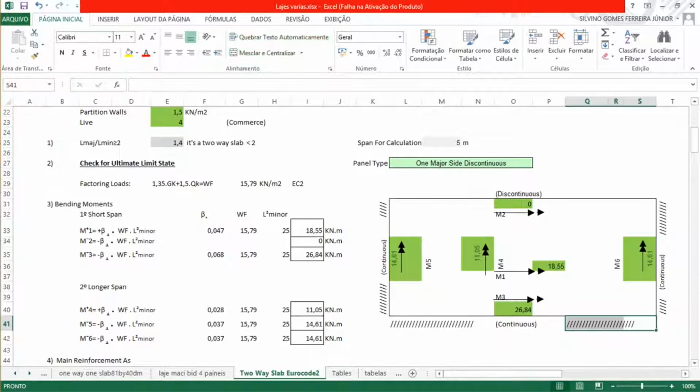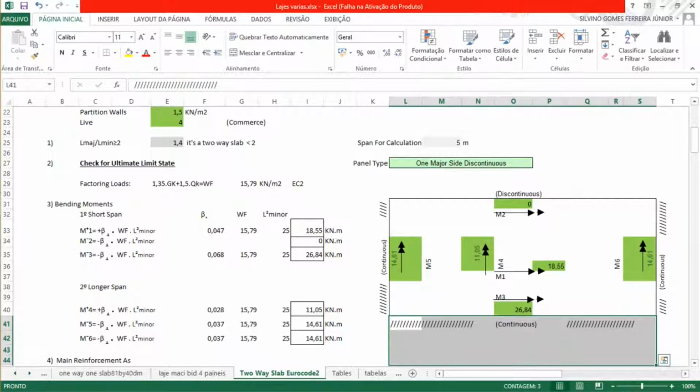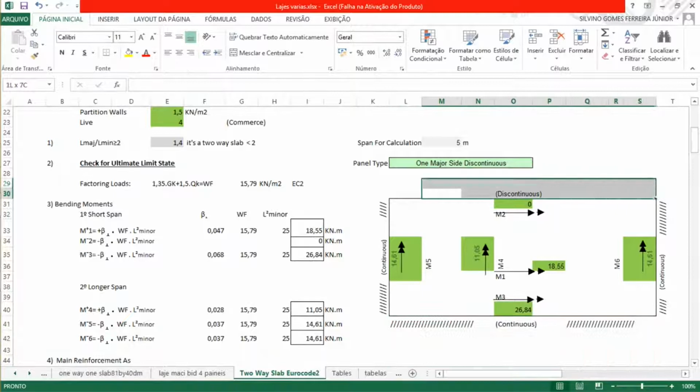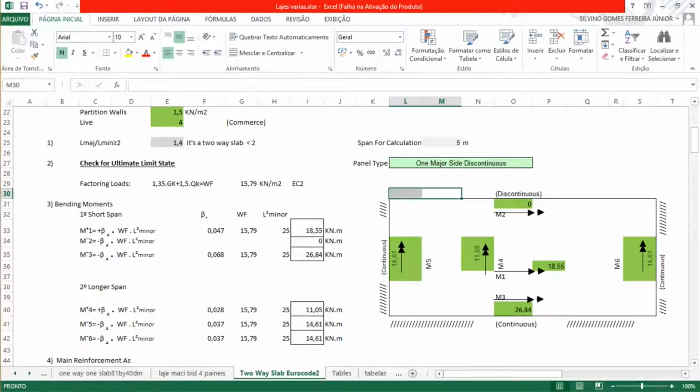And here too, on this side, we can have another slab, or it can be a reinforced concrete wall that will give some rigidity. So given this rigidity, then you have moments here. On the discontinuous side, this is why we are going to consider the moment on that side as zero.